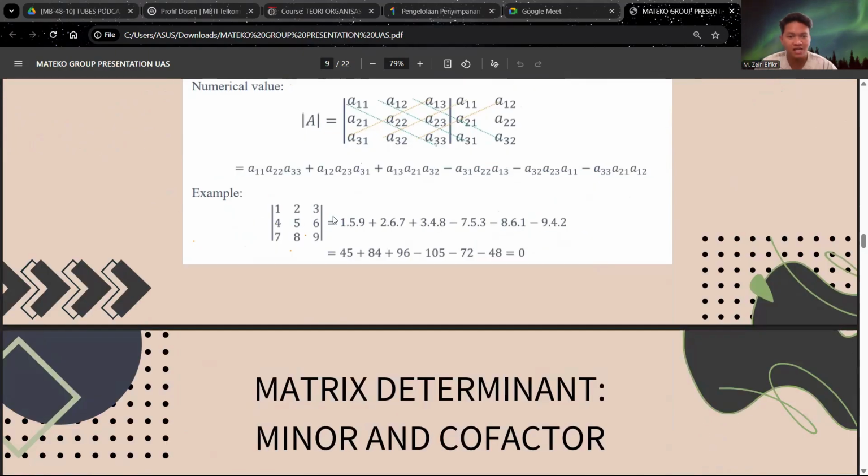If we have the example 1, 2, 3, 4, 5, 6, 7, 8, 9, then we have it like this. 1 times 5 times 9. Then we add plus here, and 2, 6, 7. Why is it 7? Because we must add two columns after this.